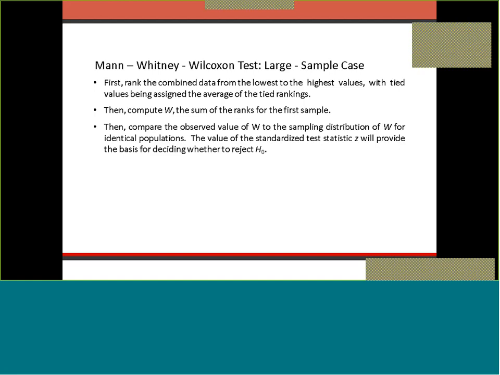W follows a normal distribution. Please remember, this is the easiest of all. You combine the data, give rankings, then calculate W as the sum of the ranks for the first sample. You can do it for the second also, there is no worry. Then W follows a normal distribution.